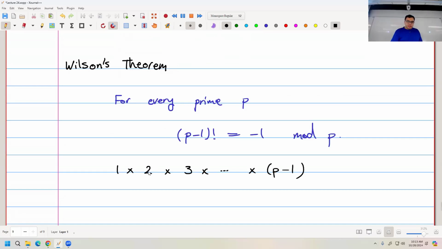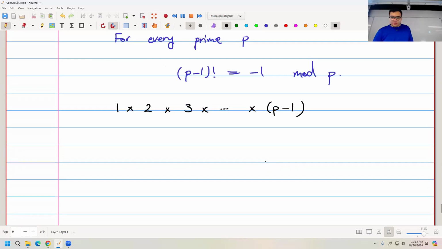Okay. So for example, for P equals 5, P minus 1 factorial, which is 4 factorial, is going to be 1 times 2 times 3 times 4. I want to say that this is minus 1. What do I know here?